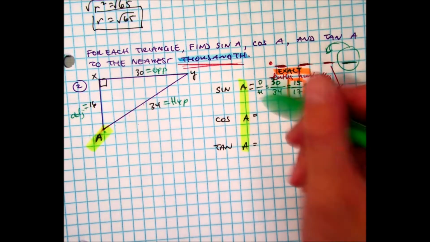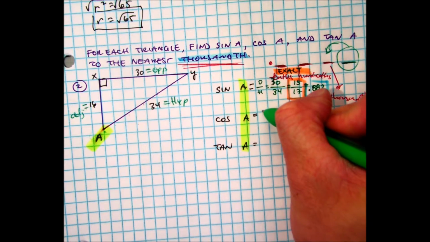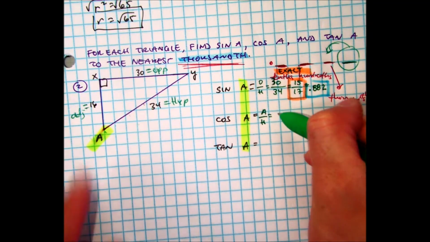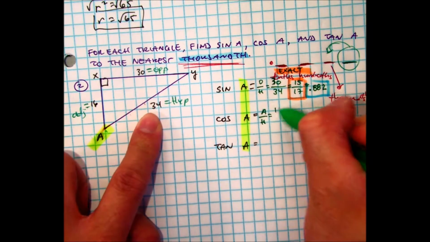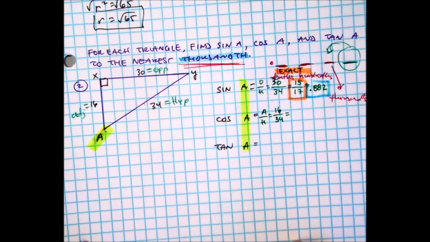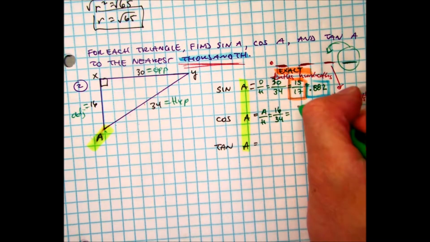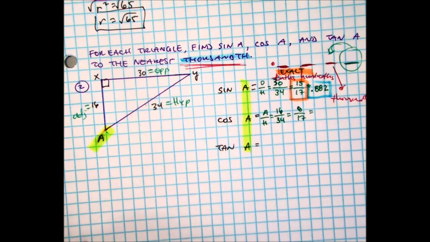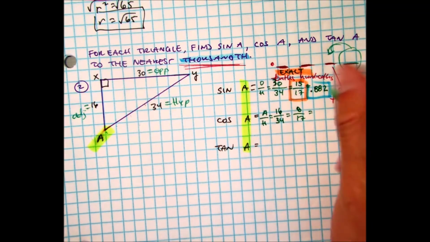Girls, cosine, which two sides? Girls, side length? 16 over 34. Girls, reduce that. And girls, 3 decimal places.